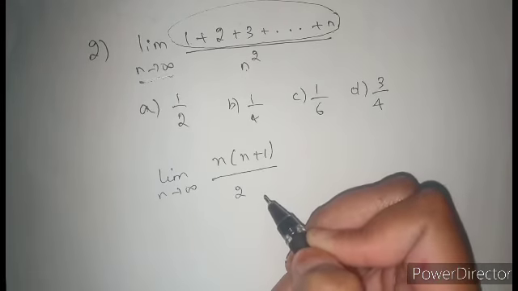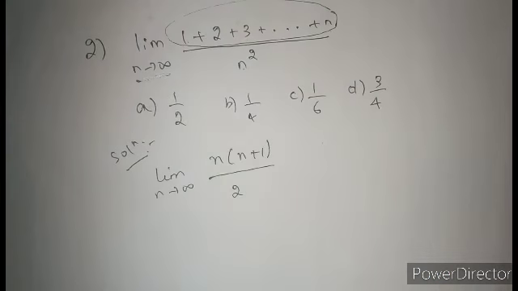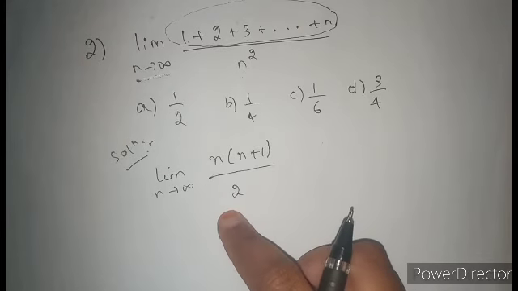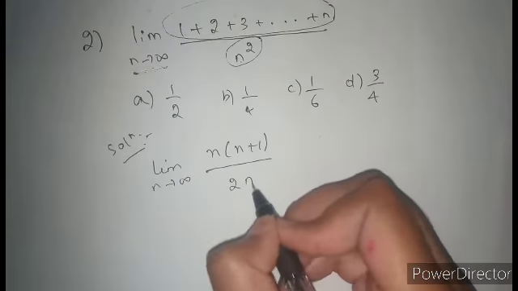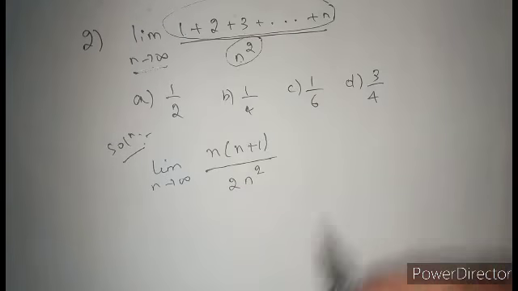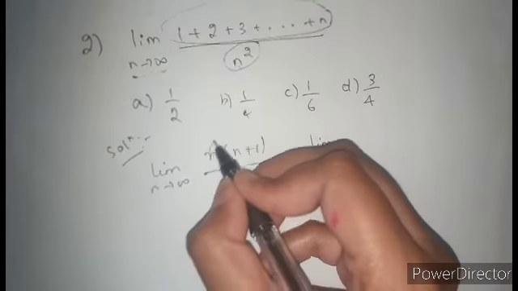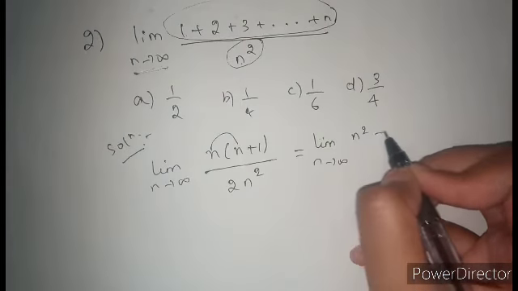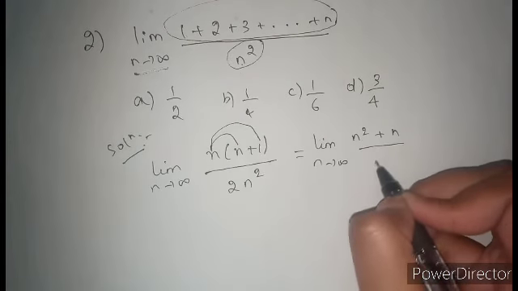In mathematical induction they have taught you the formula of sum of n terms is n into n plus 1 divided by 2, okay? In the denominator we have n square, so put n square here. Now limit n tends to infinity as it is. Now multiply: n square plus n divided by 2n square.